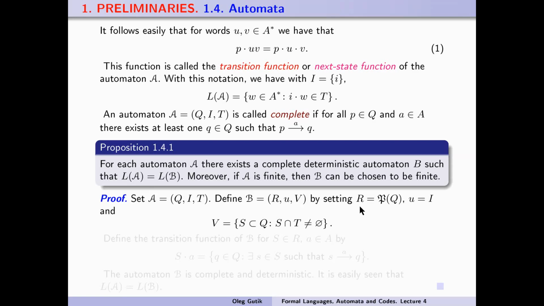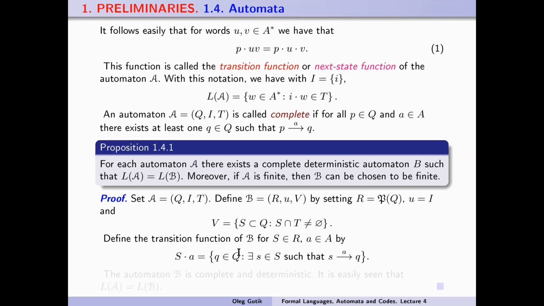We put R as the set of all subsets of states Q. U consists of the initial states of automaton A, and we put V as the set of such subsets of states S which have the following property: S intersect T is not an empty set.